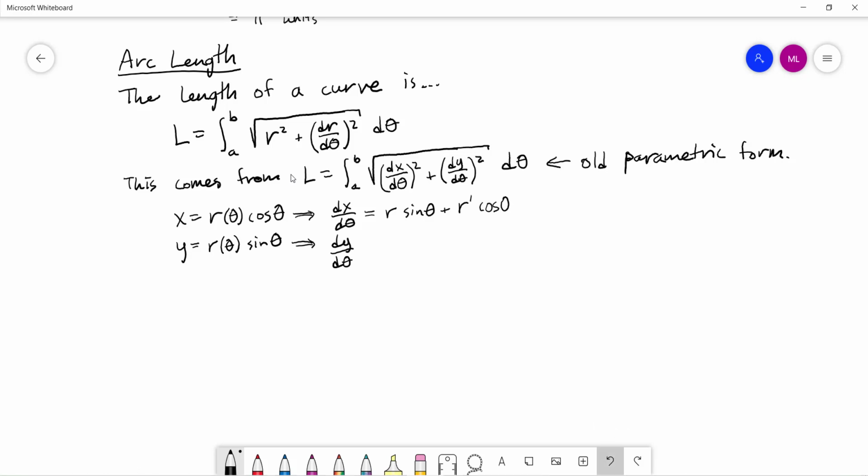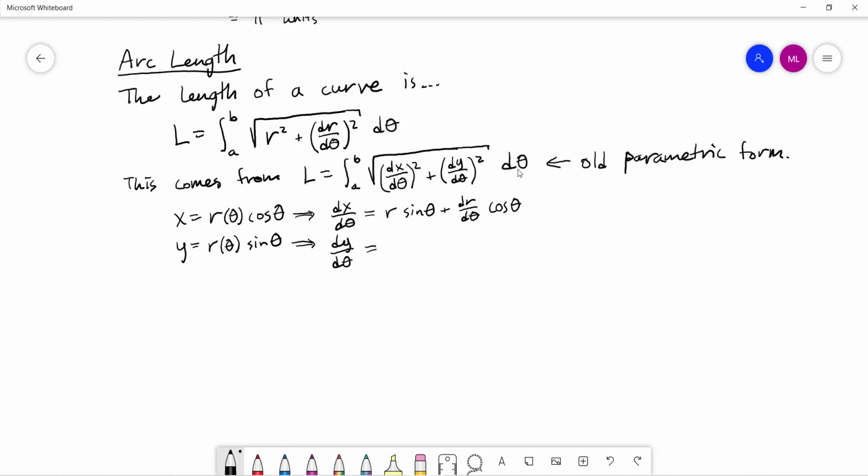Actually, let me write it as dr d theta, because that's the notation I'm using above. So dr d theta, cosine of theta. So first times the derivative of the second plus second times the derivative of the first. That's what we've got here.